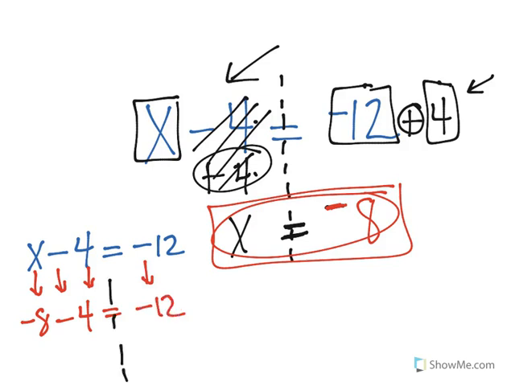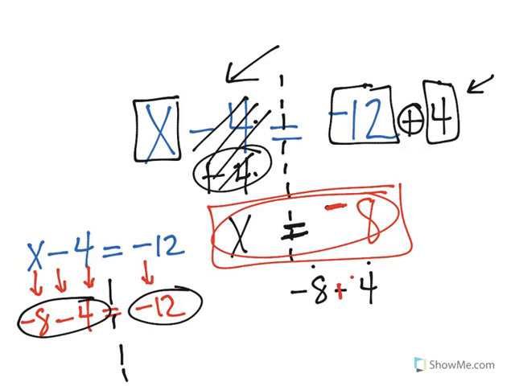All right, so I need to find out if this room is equivalent to this room. Let's see. Negative 8 minus 4. Okay, we're subtracting integers. So in order to fix that, I'm going to add a line, change the sign. Now that I'm adding, I can check my scoreboard.